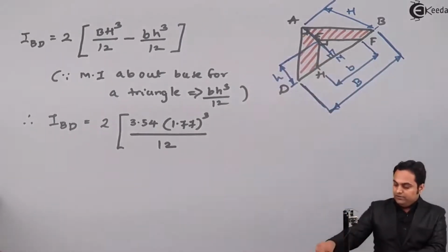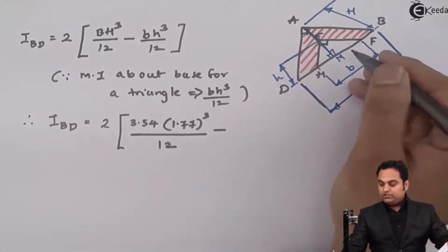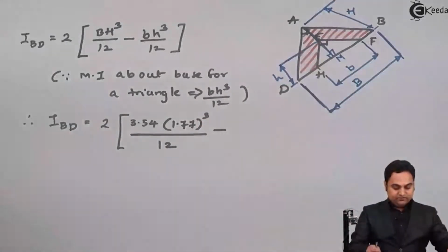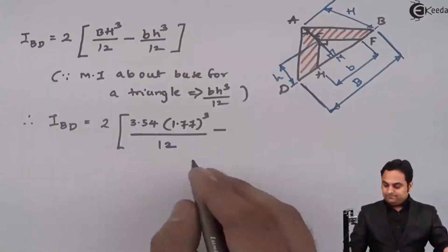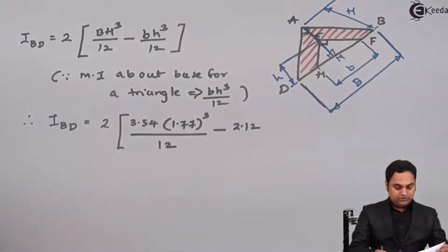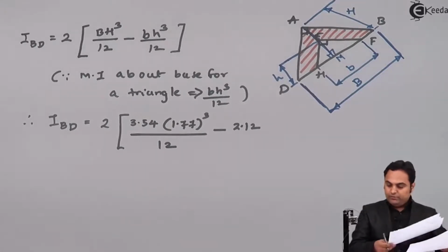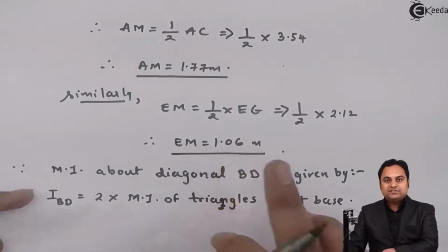So here I'll put the values: minus small b, we have found out it was nothing but FH, and FH value was 2.12. Then height, we have found out it was the height of the inner triangle, that is EM, and EM was 1.06.